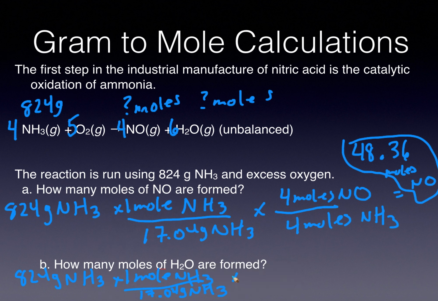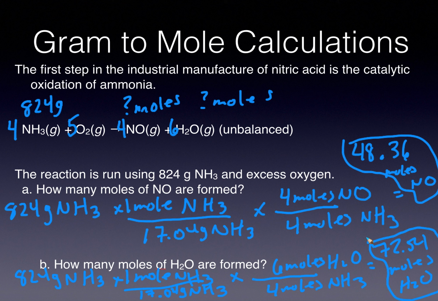So we need to go over our bridge. We're at our easy pass station. So we're going to go 6 moles of H2O over 4 moles NH3. So 824 divided by 17.04 times 6 divided by 4, which gives us 72.54 moles H2O.